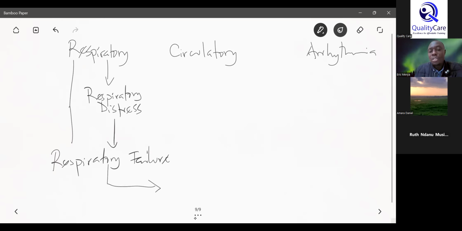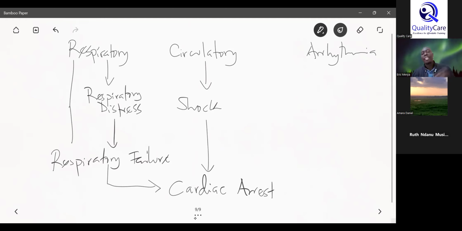Once they get to respiratory failure, they go into cardiopulmonary arrest, and they eventually go to cardiac arrest. Circulatory, this patient could be in shock, and if you don't intervene, they end up in a cardiac arrest.